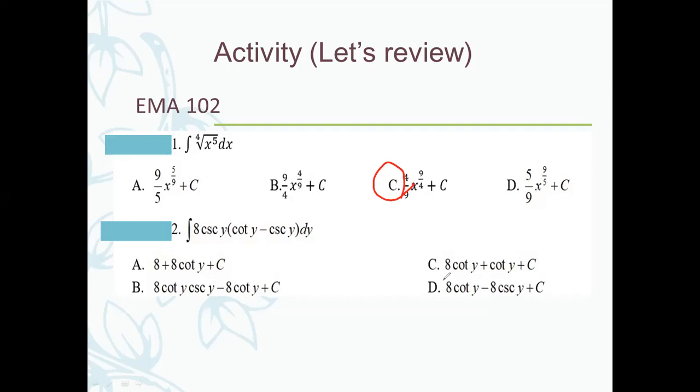The same thing with Nika. Letter D. Okay. So the answer for number 2 is letter D. Gio also answered D. Same thing with Michael.